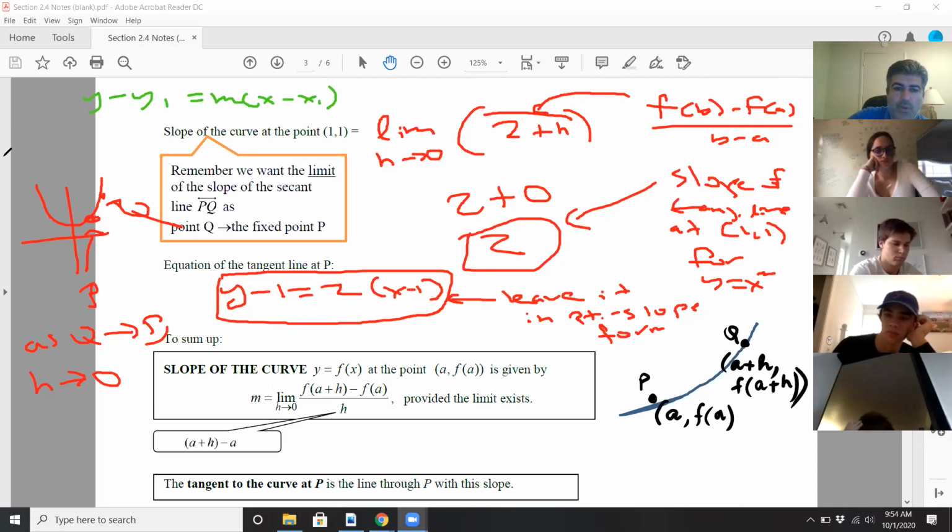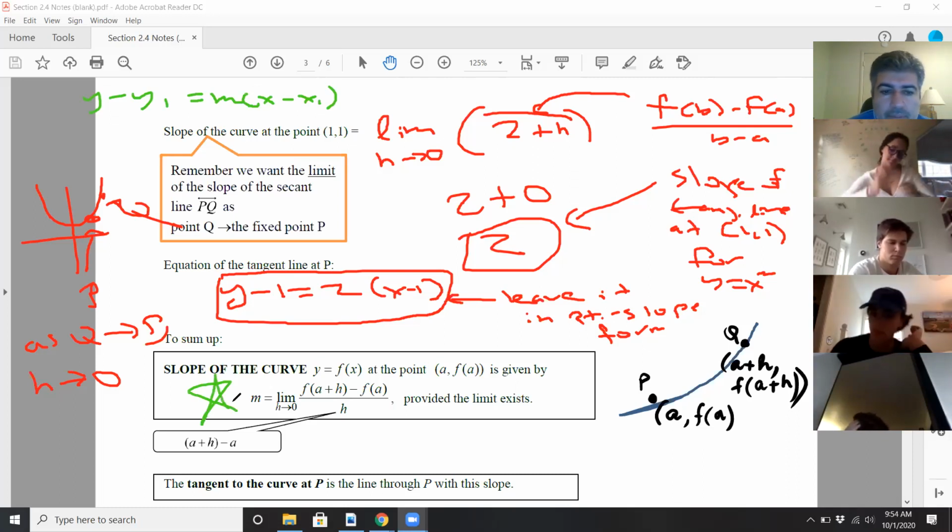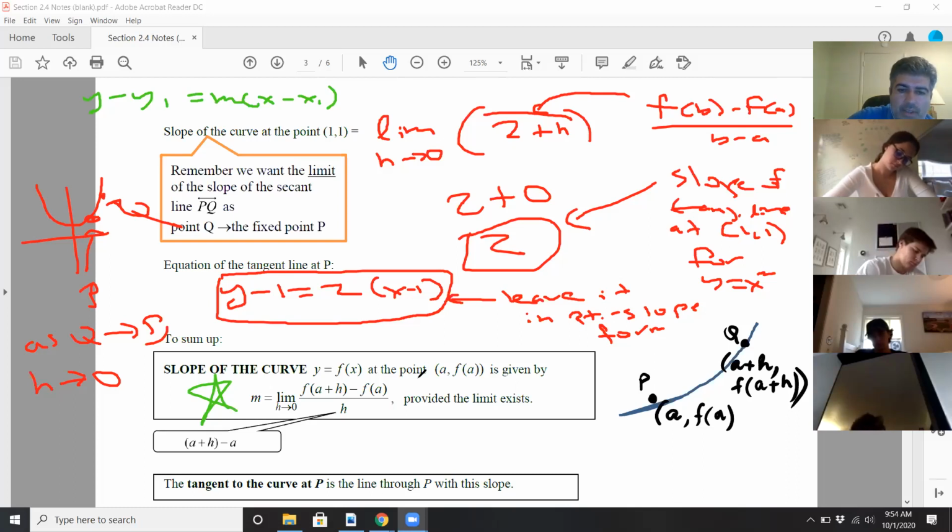This right here is the whole essence of first semester college calculus, the slope of the curve. The limit as h approaches 0 of f of a plus h minus f of a all over h, where you're trying to find the slope of the curve or the tangent line at a comma f of a.